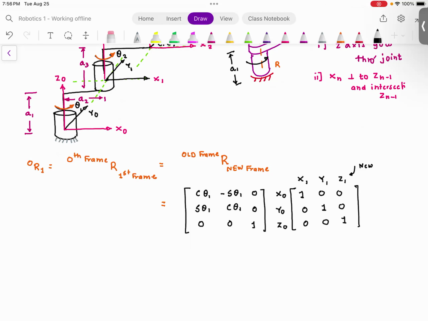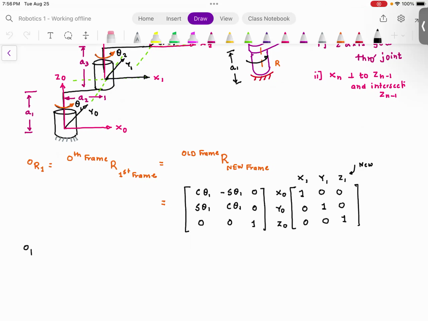So this homogeneous transformation is shown as 0H1. This homogeneous transformation is a 4x4 matrix. In this 4x4 matrix, on the left hand side, you have the rotation matrix, and this rotation matrix is going to be the rotation matrix multiplied by the projection matrix. I'm going to write this over here.